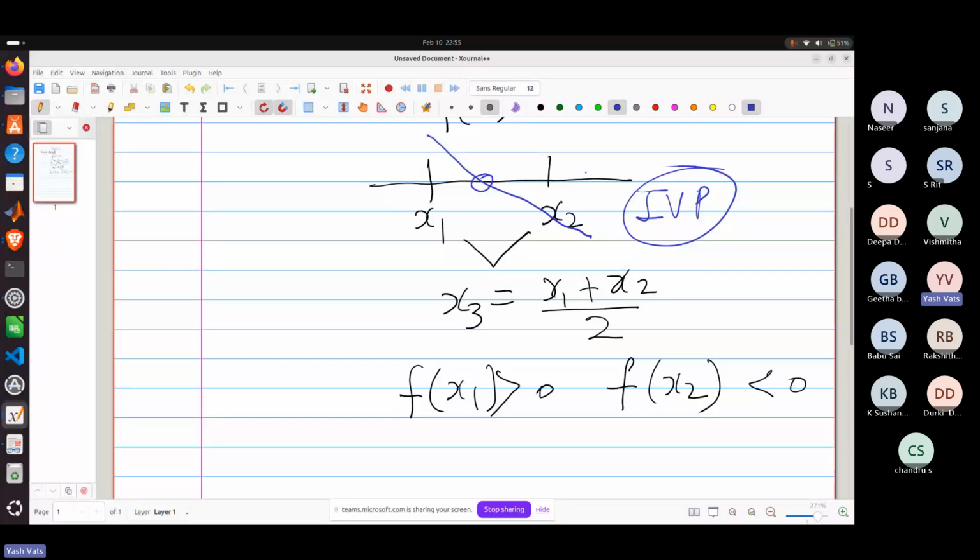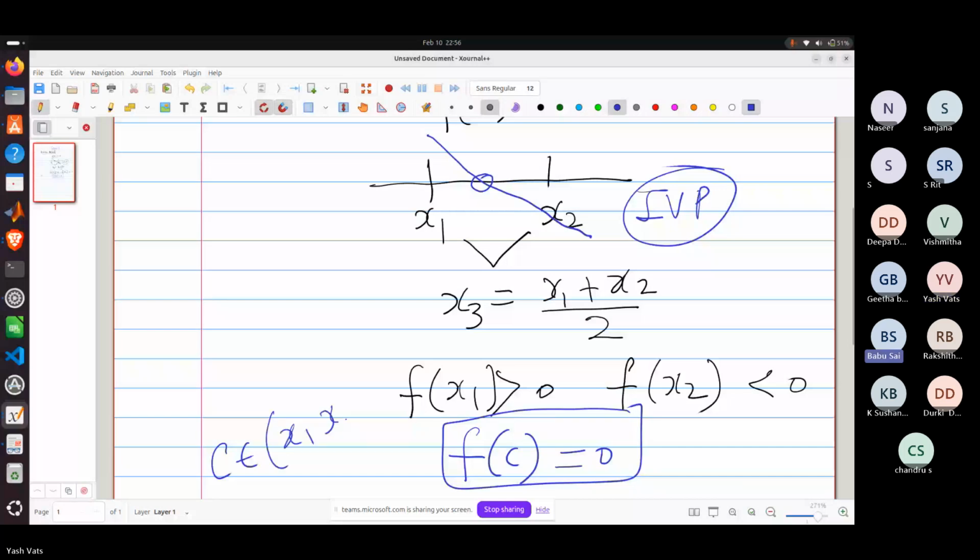In between the two points, you're going to find a point where the function is 0. So you have a point c such that f of c equals 0 and c is between x1 and x2. You're going to get the root at a certain point.